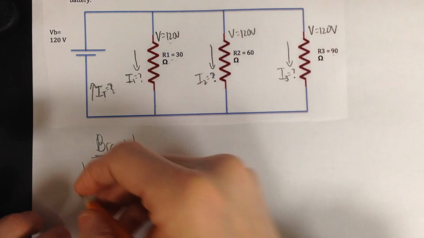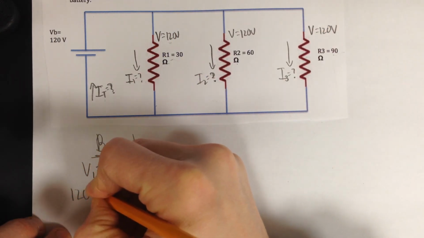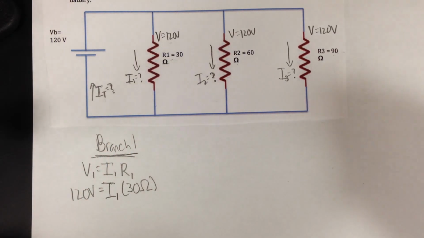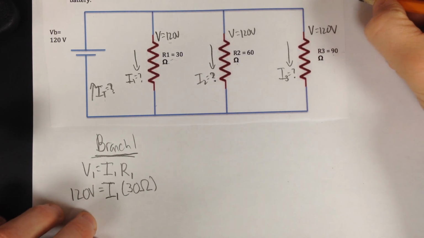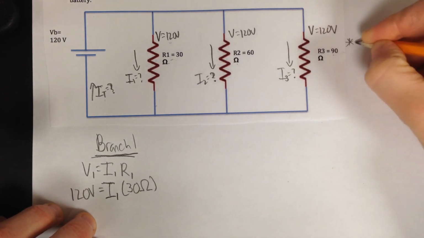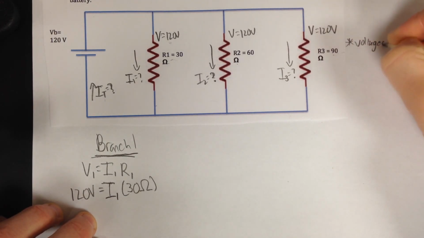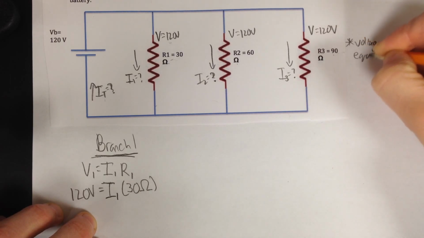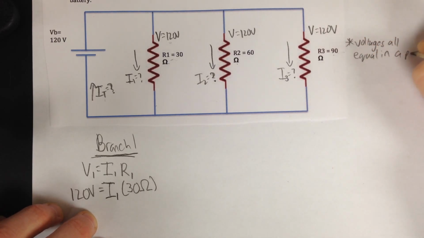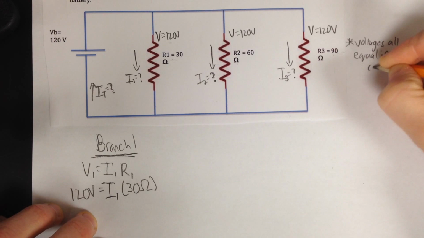You can be rest assured that your voltages will all be the same in a parallel circuit. Why don't you write that to the side here: voltages all equal in a parallel circuit.